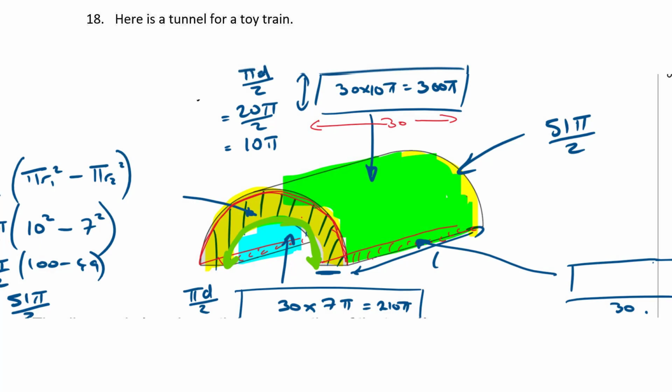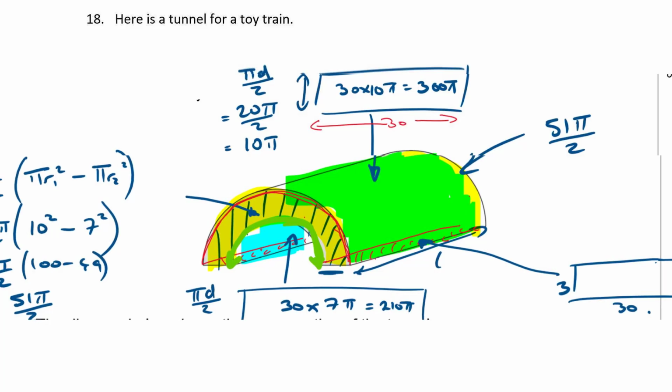The width is going to be the difference between these two radiuses, isn't it? From there to there was 7, and from there to there is 10. Oh, it even tells us it's 3. So it's going to be 3 times 30. 3 times 30 is 90. No pi for this one, it's just a rectangle. And then obviously the other one there is also 30. That one in there is going to be 30 as well.